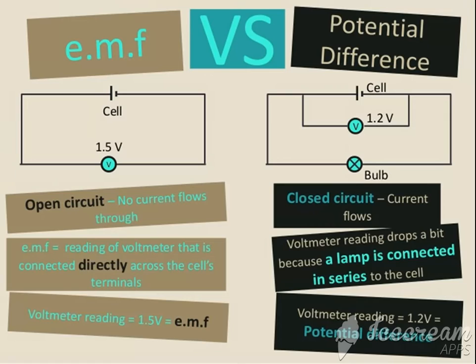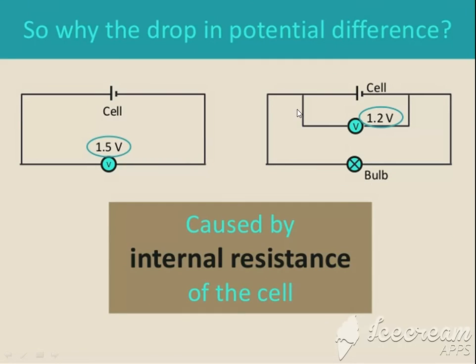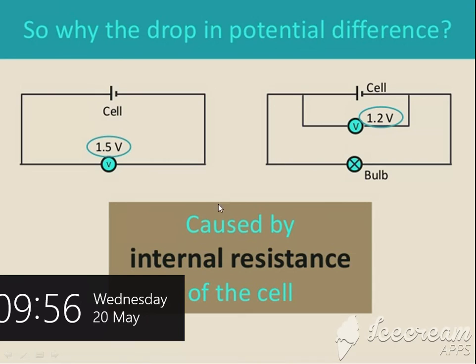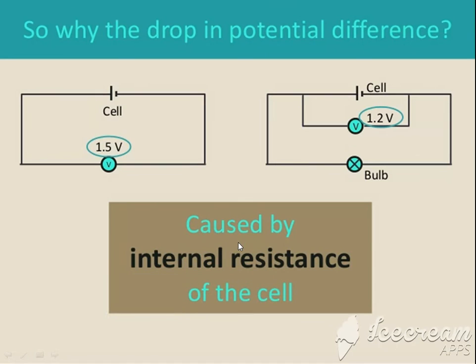This energy loss causes the potential drop, and it goes from 1.5 volt to 1.2 volt. So the drop in potential difference is caused by the internal resistance of the cell.